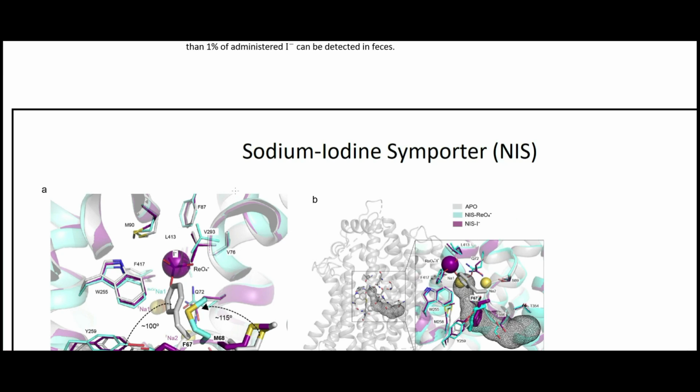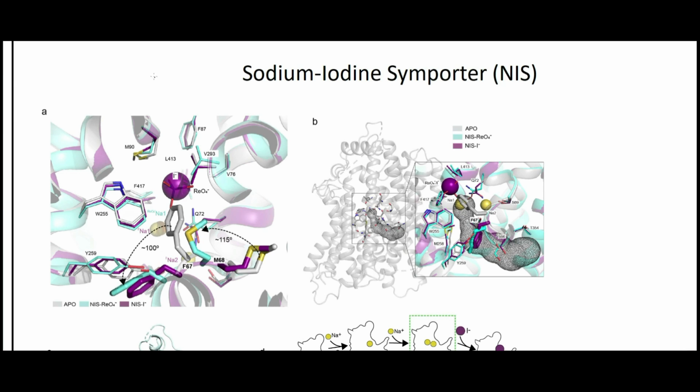All right, so we'll first look at this sodium-iodide symporter, and we can see the active site here. This is a structural alignment, so the purple sphere is the iodine. The tetrahedral structure is rhenium oxide, which behaves similarly to iodide, a large atom.